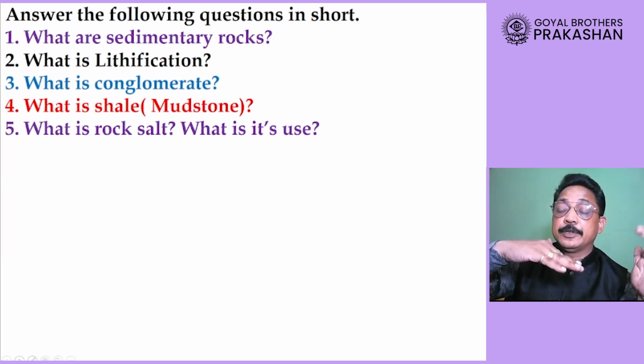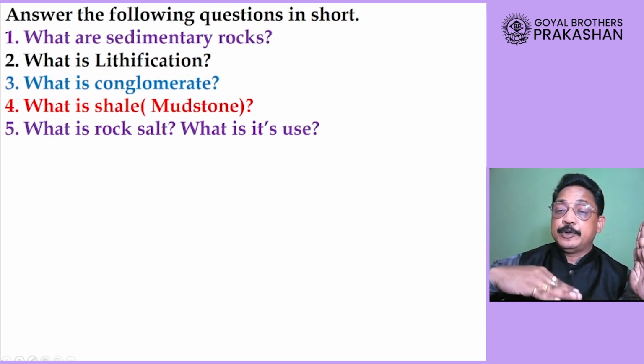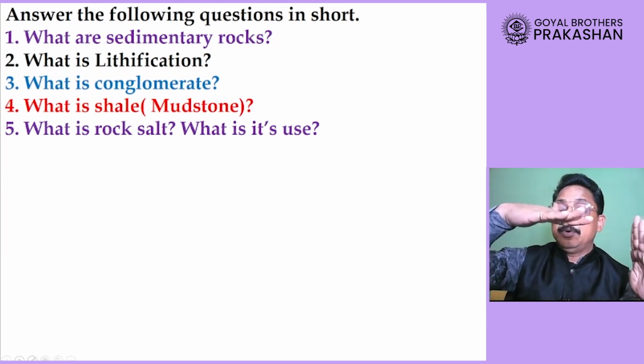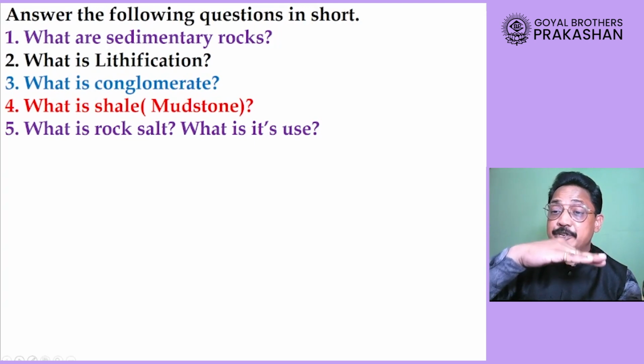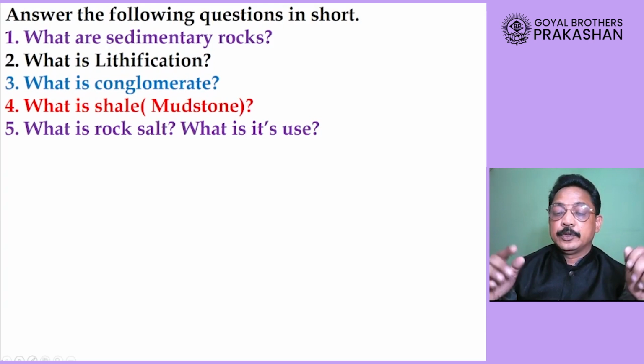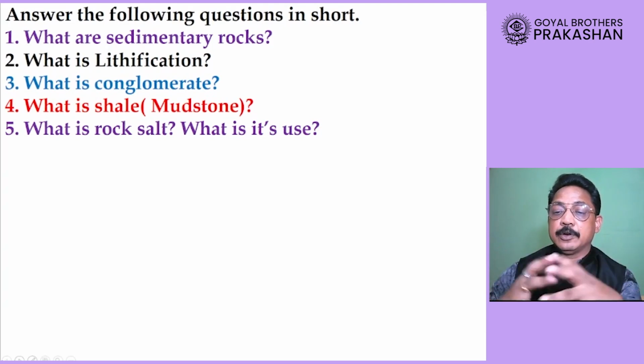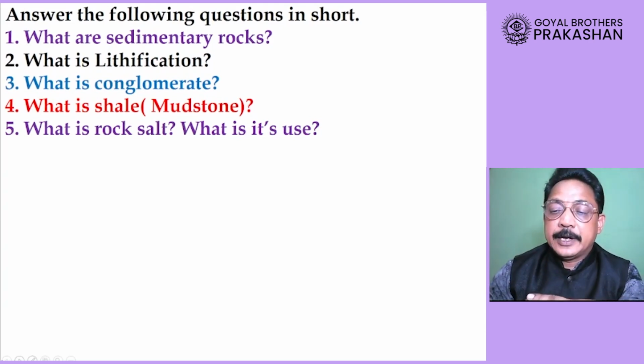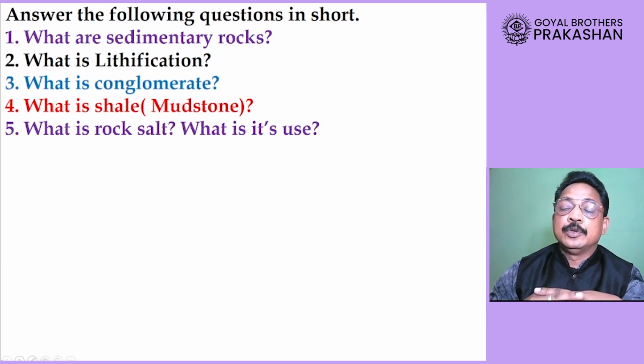I am talking about the soil that is getting deposited above it. So the above layers start exerting pressure on the lower layers. Because of that pressure, the formation of rock that occurs, that rock is called as mudstone or shale.